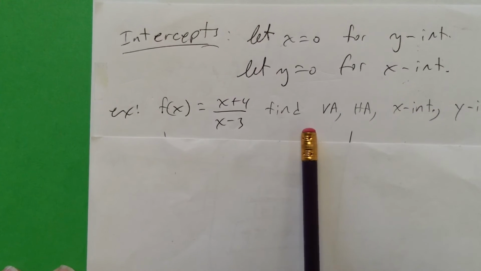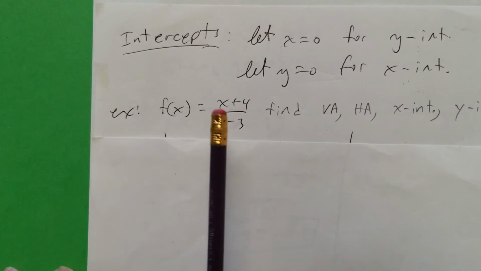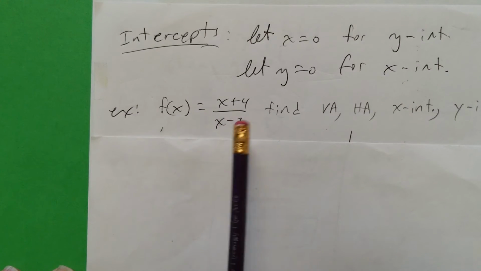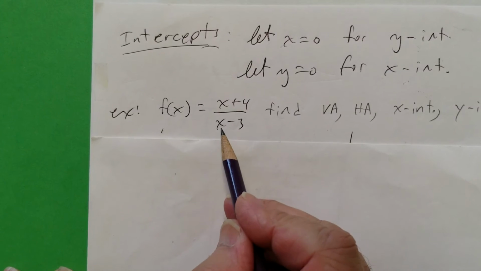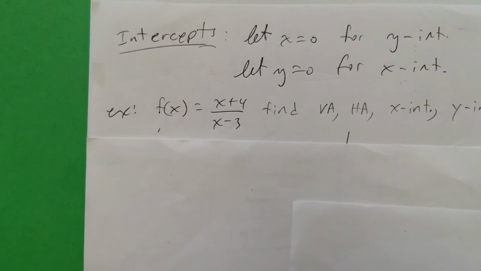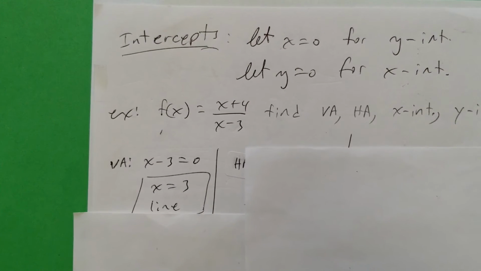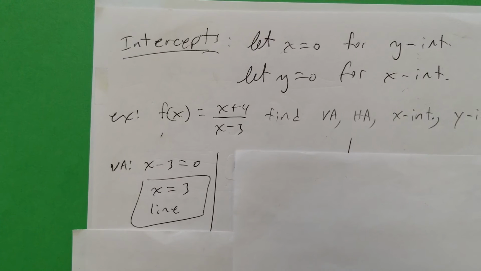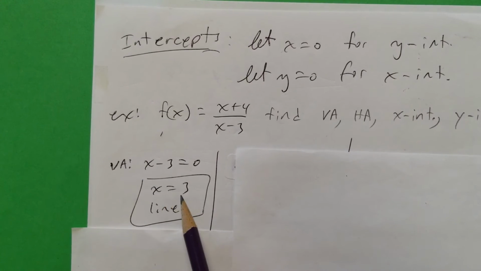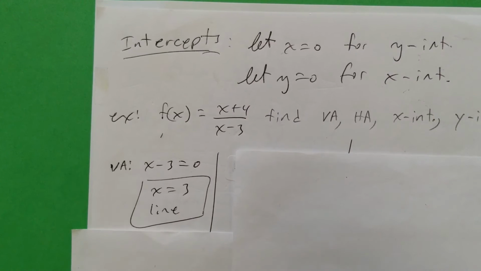The vertical asymptote is when the bottom becomes 0. This is similar to the other one. So the bottom is 0 when x is 3. Done. Vertical asymptote is at x equals 3. So that line, x equals 3, 3 minus 3 makes 0. That is your vertical asymptote.